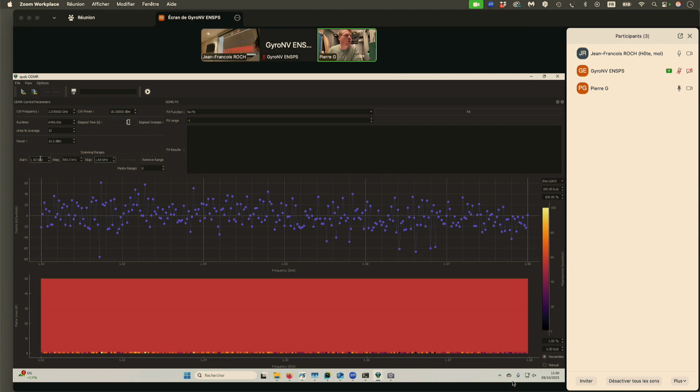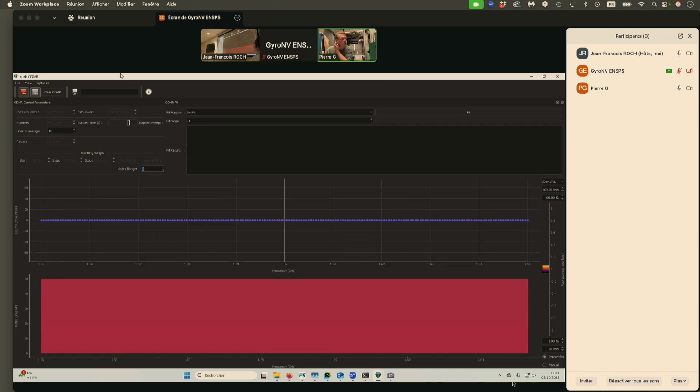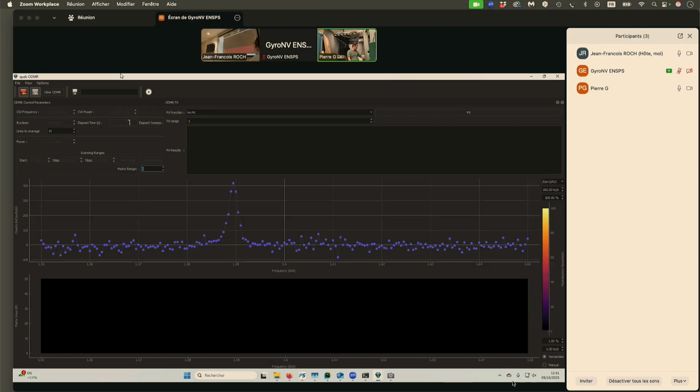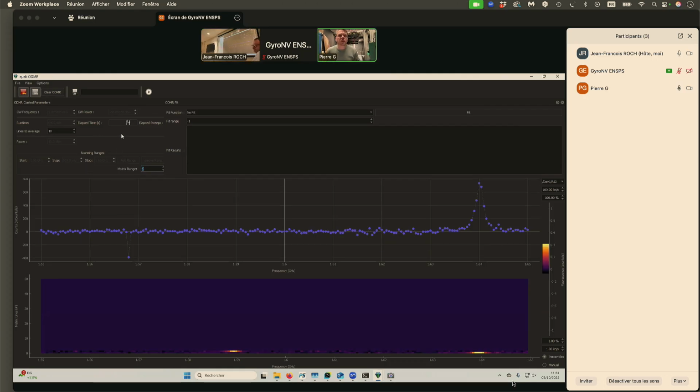Sorry, sometimes it can be a bit tricky to find the resonance, and you'll understand why in a moment. Okay, now we can see something.